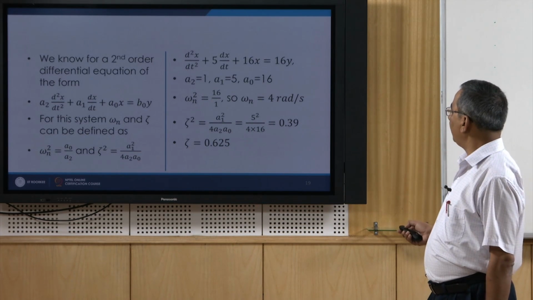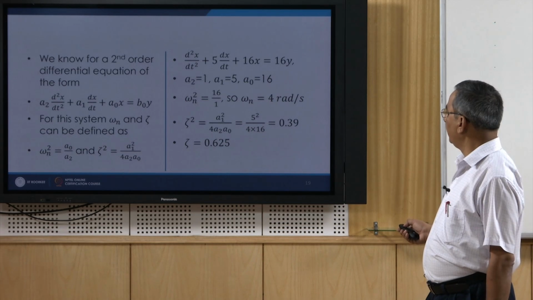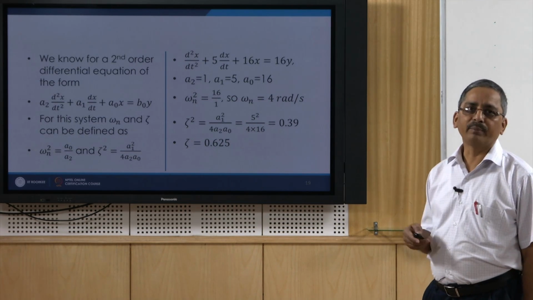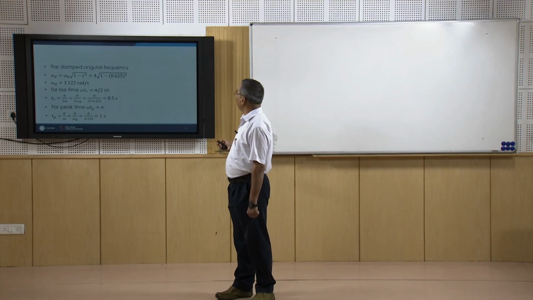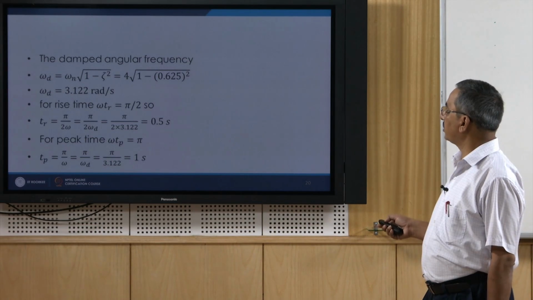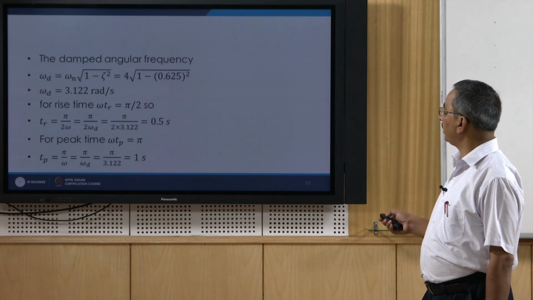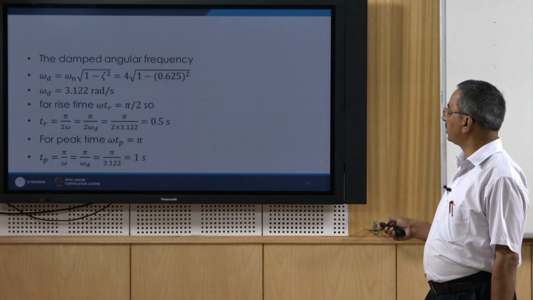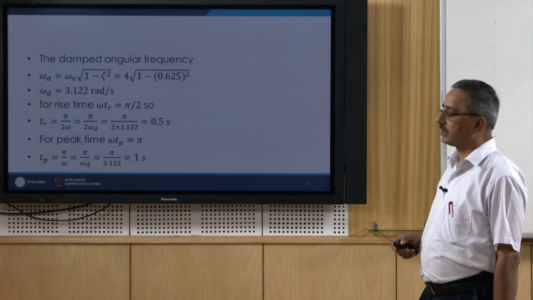Once I have got the natural frequency and the damping ratio, I can find out the damped angular frequency. The damped angular frequency omega d is equal to omega n under root 1 minus zeta square. By substituting here I get this omega d as 3.122 radian per second.